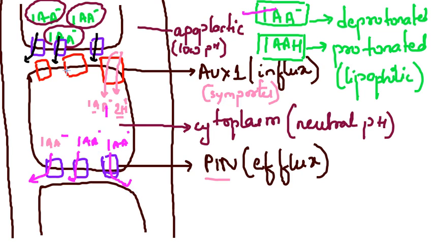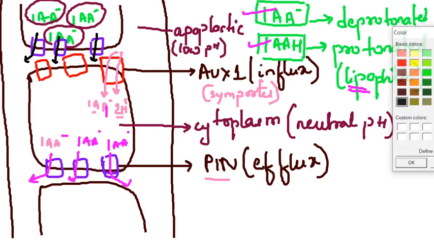Now I also discussed the second form of IAA which exists. This is the protonated form. Now the protonated form is lipophilic. That means they do not need any transporter. They can take the entry without the help of any transporter.